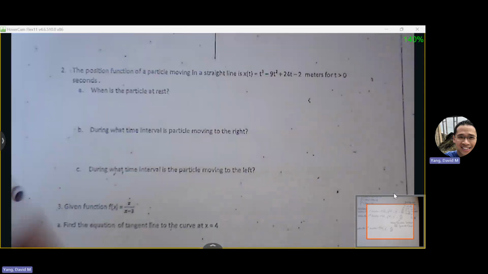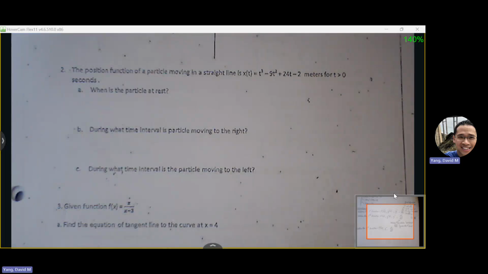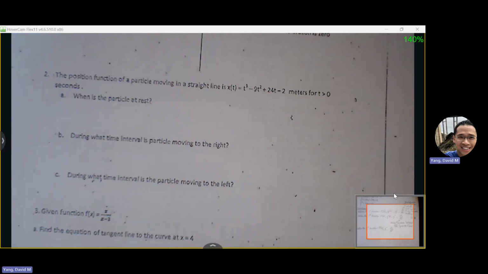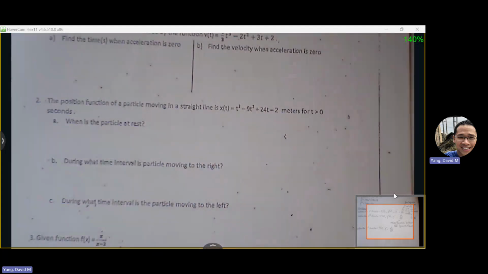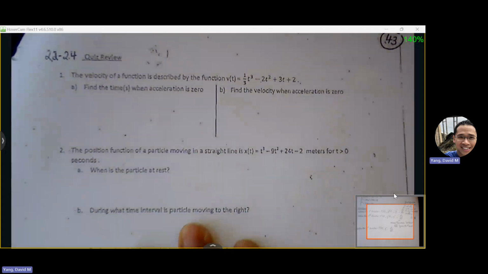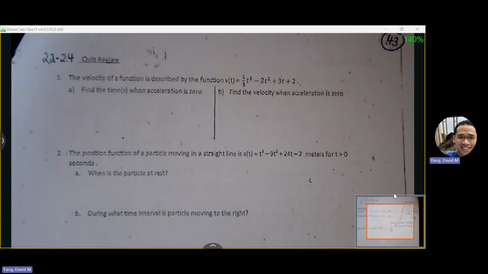Okay, let's see. So that's basically today's lesson. I would like to see if we can maybe get started with our quiz review and just begin to tackle some of the practice that we may want to have with particle motion and power rule, since those are the main major topics.